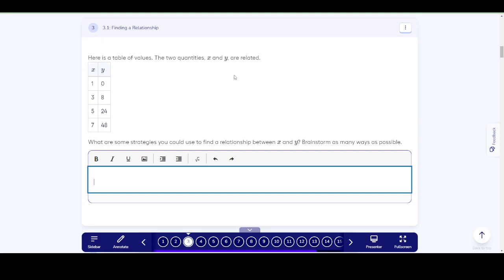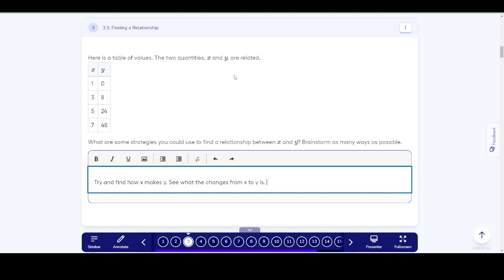So we can try and find how x makes y. Okay. We're going to do as many as possible at this point. We're going to try and compare the x values to the y values, see what the changes are. See what the changes from x to y are.